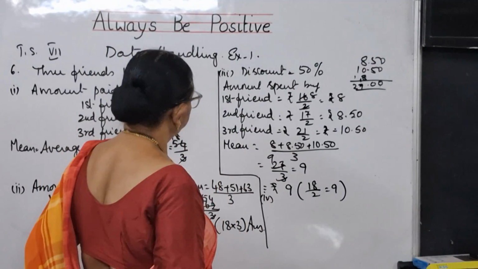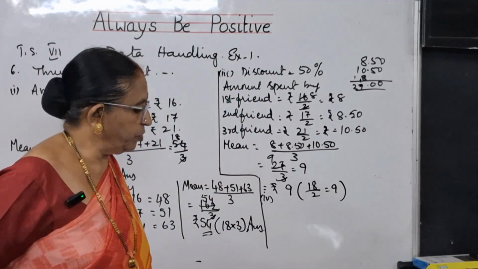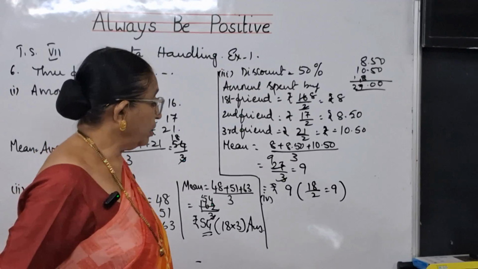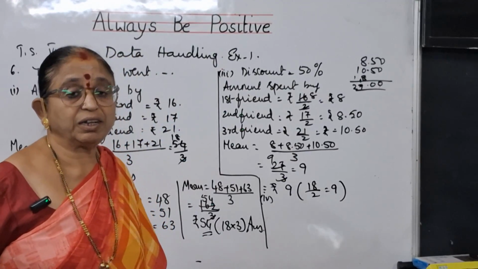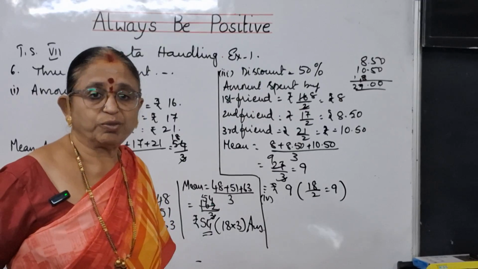What is the fourth bit? Do you notice any relation between the change in expenditure and change in mean? Whatever is the change that is done in the expenditure, that is seen in the mean also.